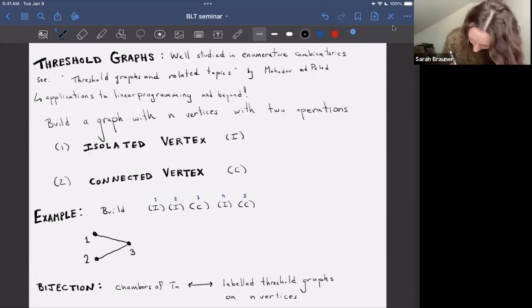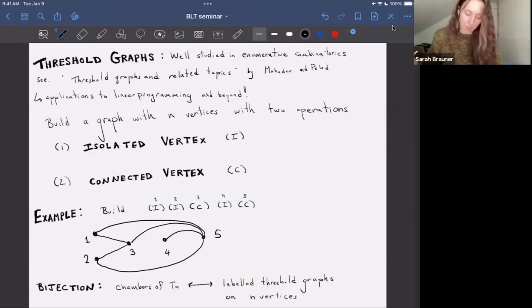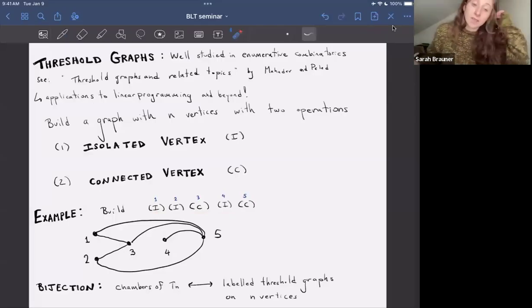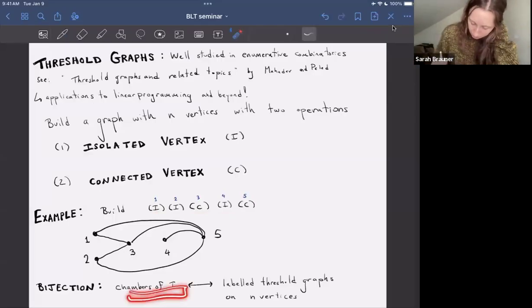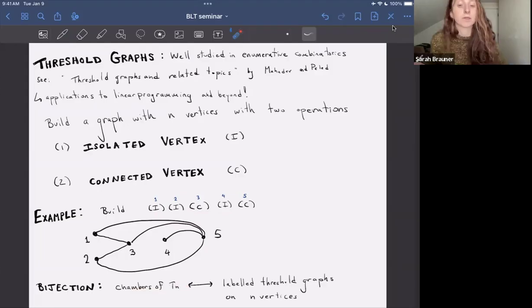Then I have an isolated 4, and then I have a connected 5, so I connect this to all of my other vertices. Okay, and there's my threshold graph that comes from this sequence. And there's a way to think about the chambers of this arrangement as bijecting with these graphs.